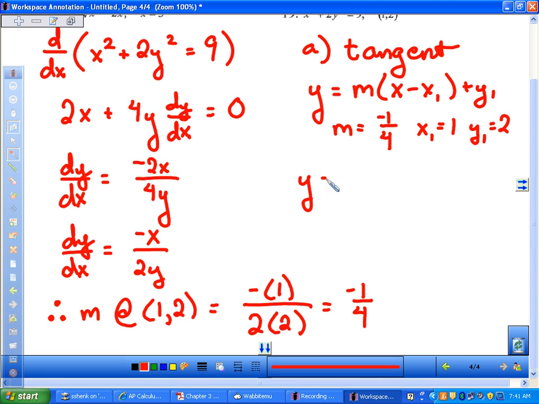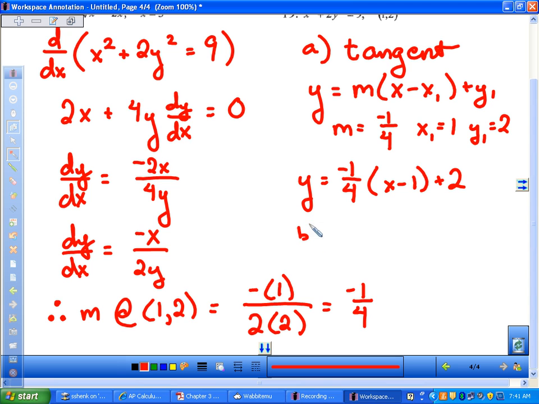So we get y equals negative 1/4 of (x minus 1) plus 2. Need we simplify further? No, and I would recommend you not. Don't lose a point on any basic algebra, unless they specifically wanted it in point-slope form or slope-intercept form.